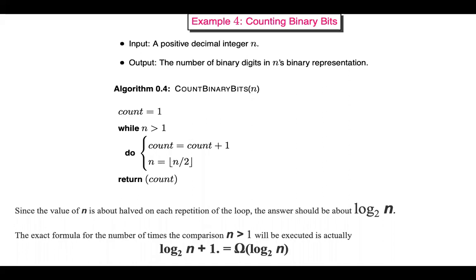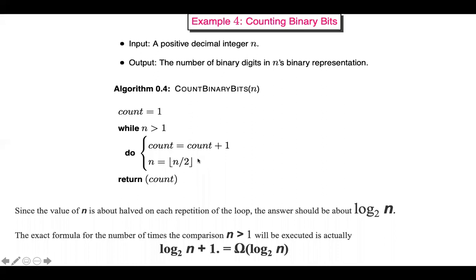Now our task is to find out the complexity for this program. So in this program, what is the basic step, the basic operation which we can consider for our counting? Can we consider count equal to count plus 1 or n equal to n divided by 2 as the basic operation?